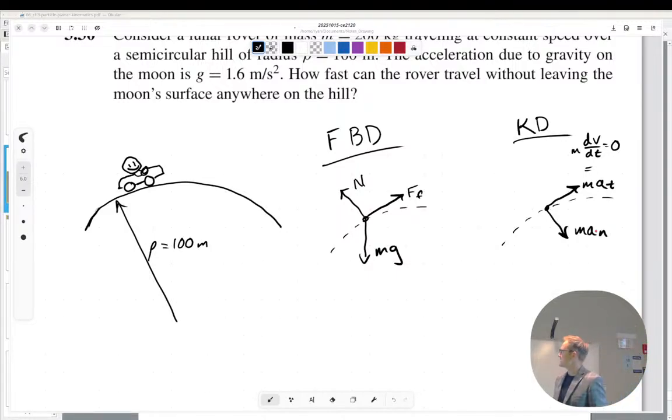What about this normal acceleration? That one's centripetal acceleration. This is the case where physics teachers say there's no such thing as centrifugal force, because it belongs in your kinetic diagram. I can't put a centripetal acceleration here and a centrifugal force here. Choose one.